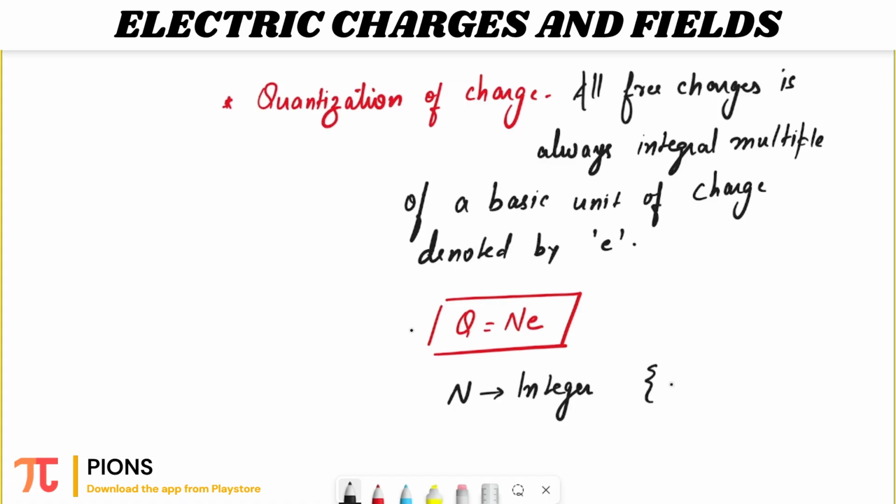You can have a negative n that will give you negative charge, or a positive n, like -5, -4, -3 and so on, from minus infinity to plus infinity. So n will be an integer.